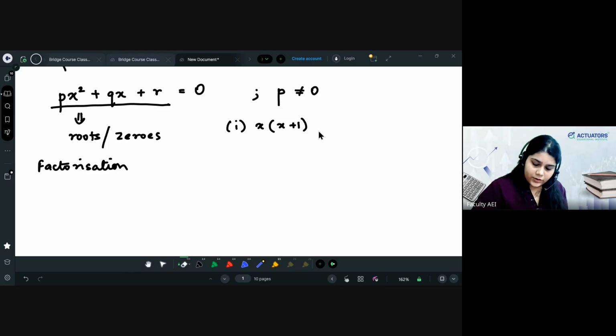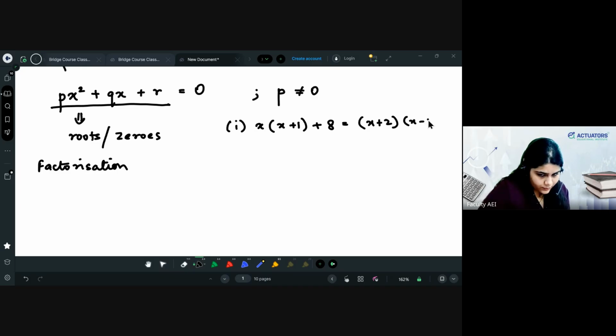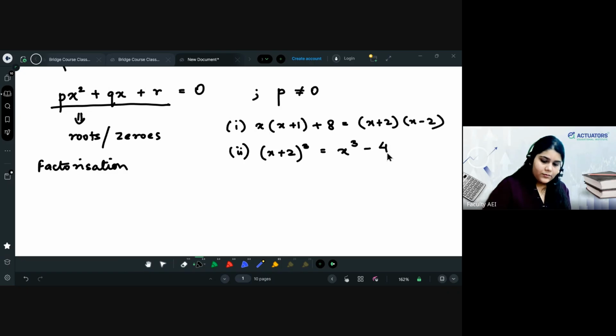I'm giving you equations. Try tell me कि ये quadratic होंगे कि नहीं होंगे.